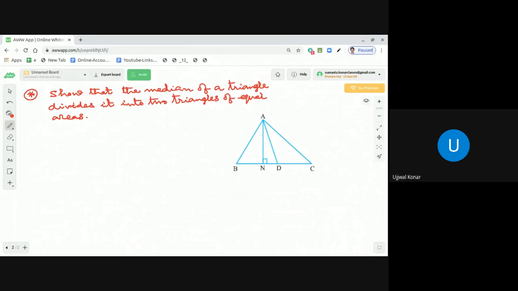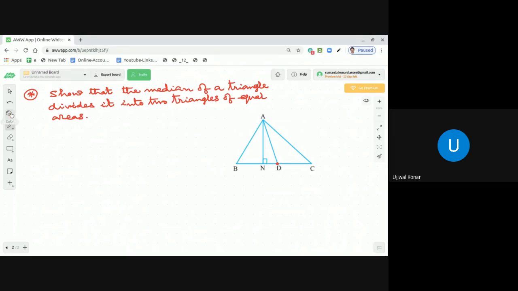How can we say AD is the median? D is the midpoint of BC. What we need to prove is that the area of the triangle ABD is equal to the area of the triangle ACD. AD is the median.